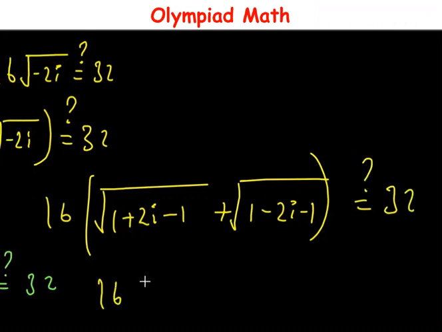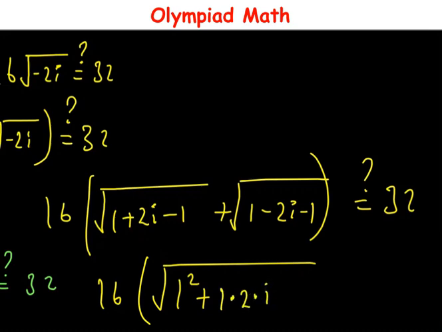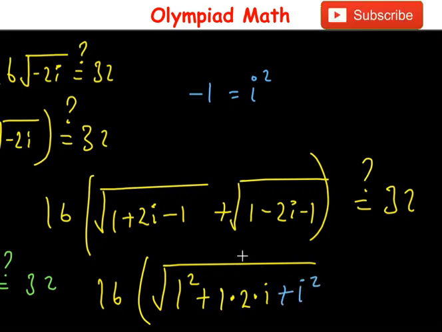Next, 16 into bracket. This can be written as square root of 1, which can be written as 1 squared, plus 2i can be written as 1 times 2 times i, then minus 1 is equal to i squared. So bring in i squared to replace minus 1. We have plus i squared.